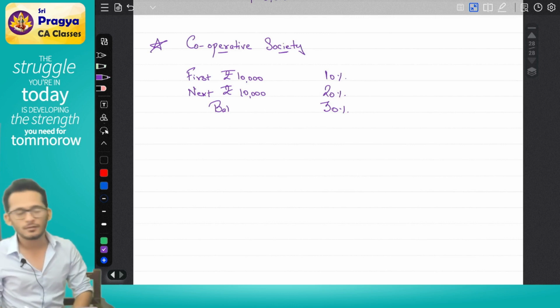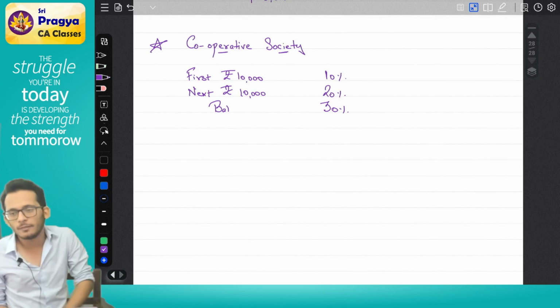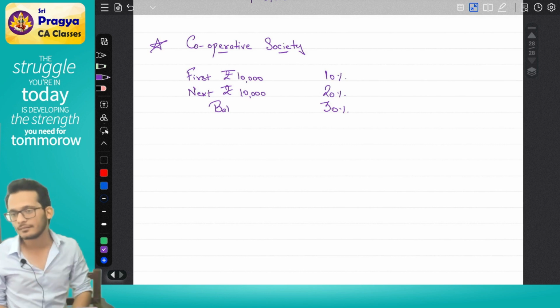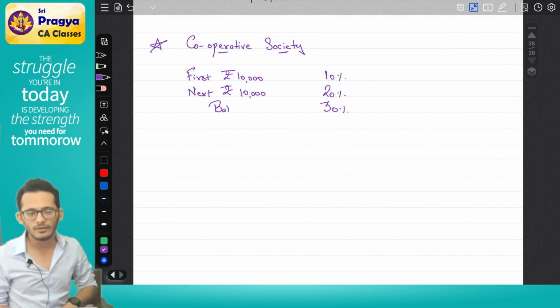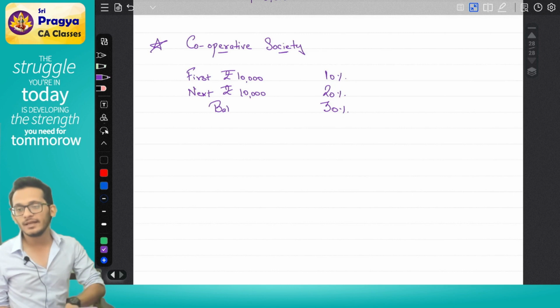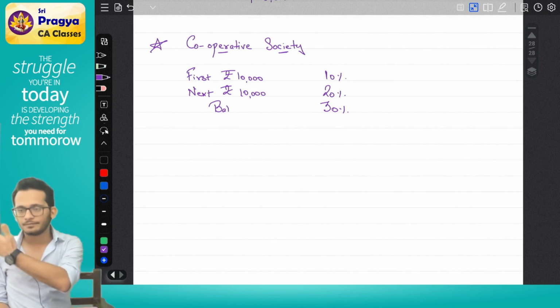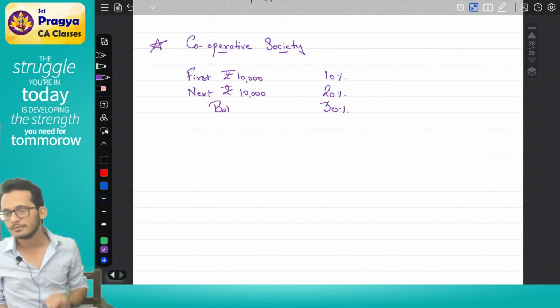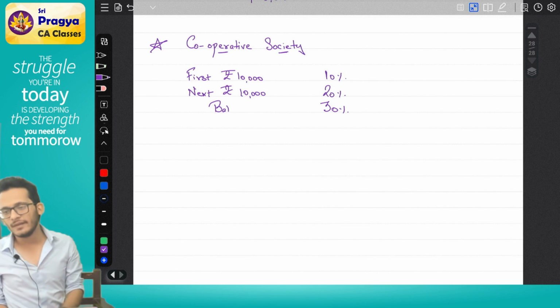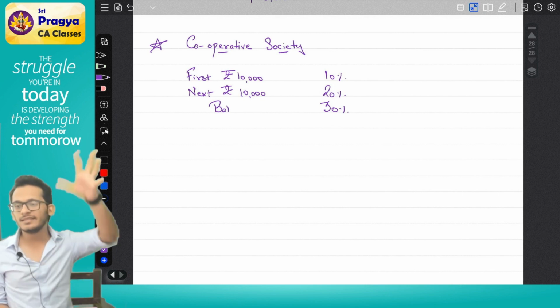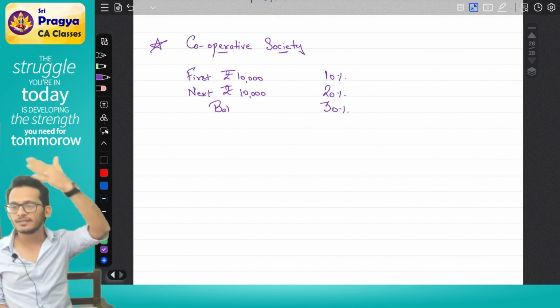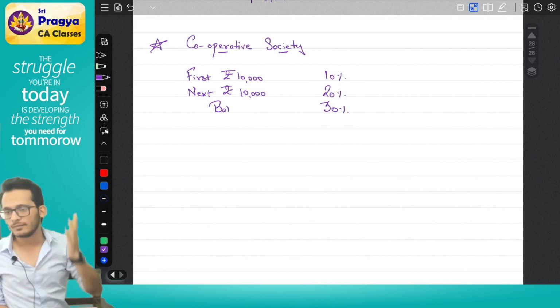But what happened is, of late, cooperative societies also became very famous. People, instead of creating companies, started creating cooperative societies. And therefore people went to the government and said, sir, if you are giving this regime concept for companies, we also want this regime concept for cooperatives.